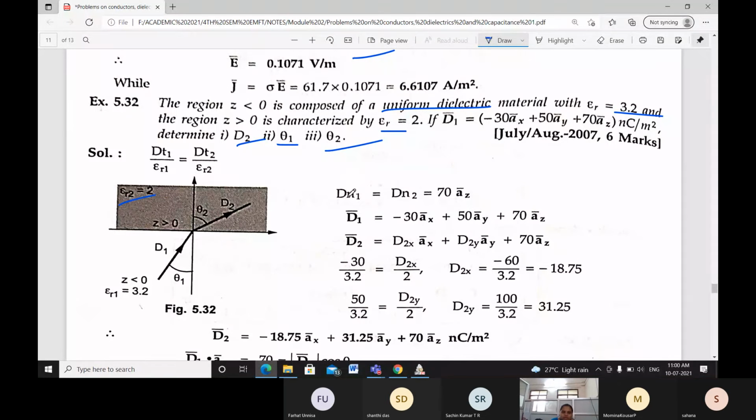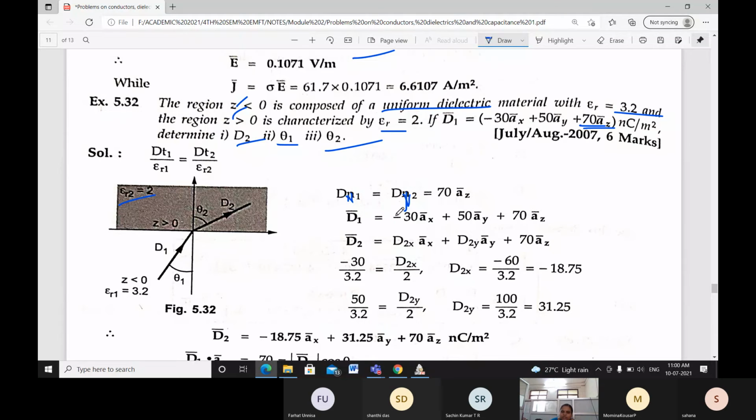Then DN1 is going to be, actually it should be a capital, make that correction when you are writing in the book. DN1 is going to be equal to DN2, which is only varying with respect to z only, observe here. For that reason it is going to be 70 az.